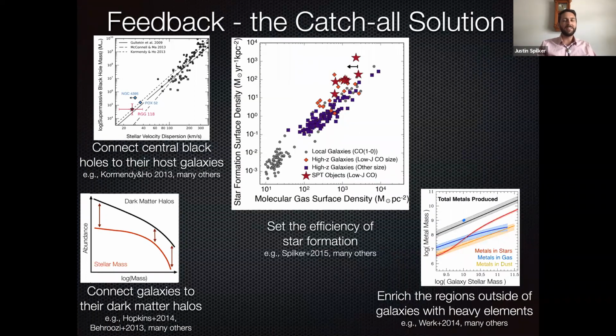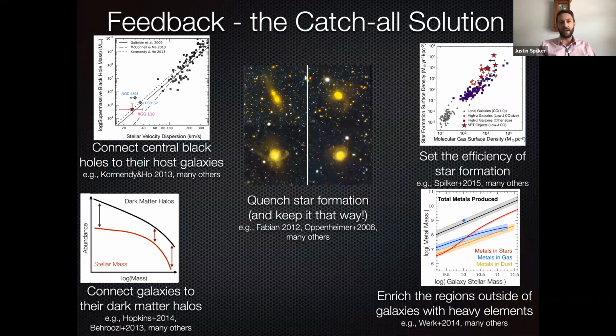We know that feedback has to set the efficiency of star formation. So basically, if you have some amount of molecular gas, how much of that molecular gas is actually going to turn into real stars? Feedback is involved in setting that actual efficiency. And of course, we need some way to actually quench star formation and keep it that way over many billions of years.